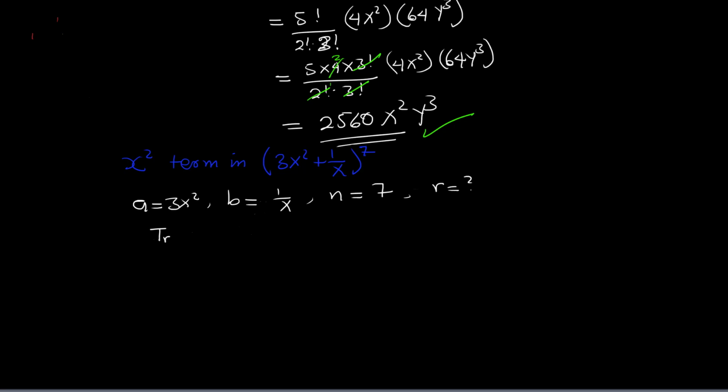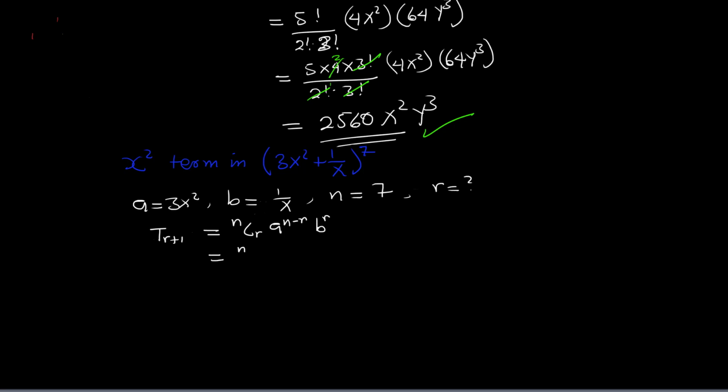The r plus 1 term is given by n combination r, a to the n minus r, b to the r. That is, the r plus 1 term is given by this.